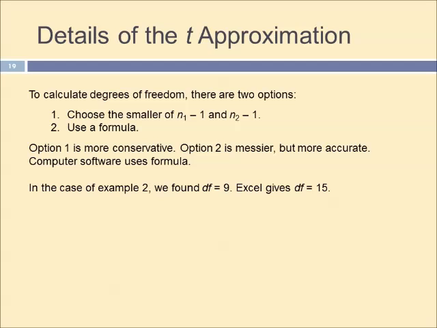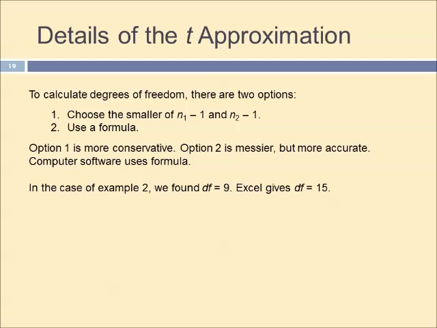So, a little bit of detail about the t approximation. Keep in mind, you won't be asked to use any of the formula that I'm about to show you, but it's good to know. To calculate degrees of freedom, we actually have two options. The conservative option is to choose the smaller of the sample sizes and then subtract 1.